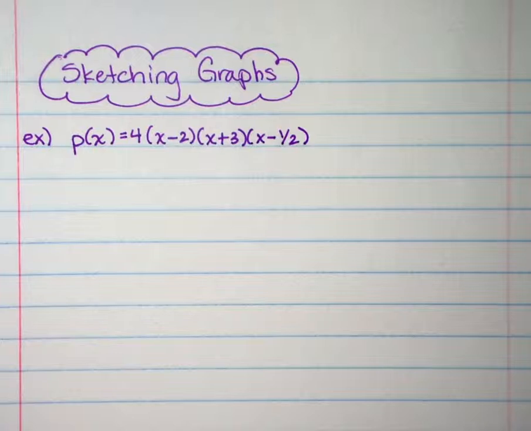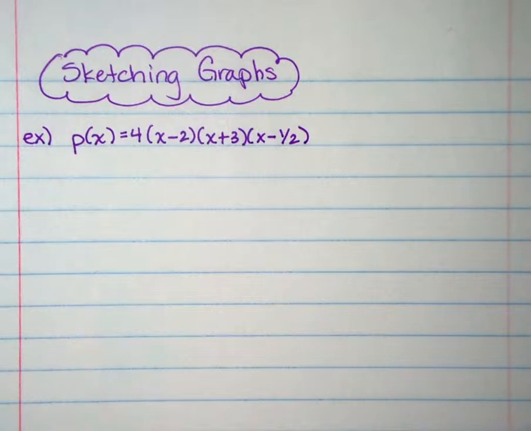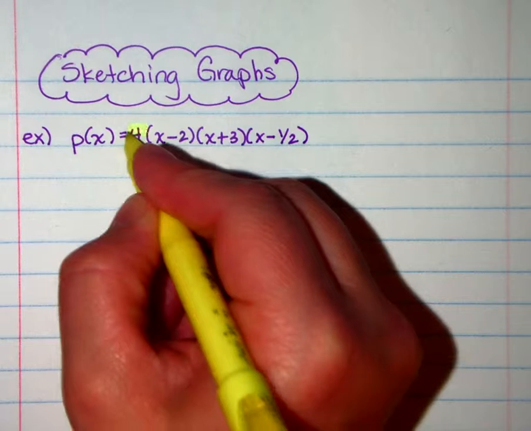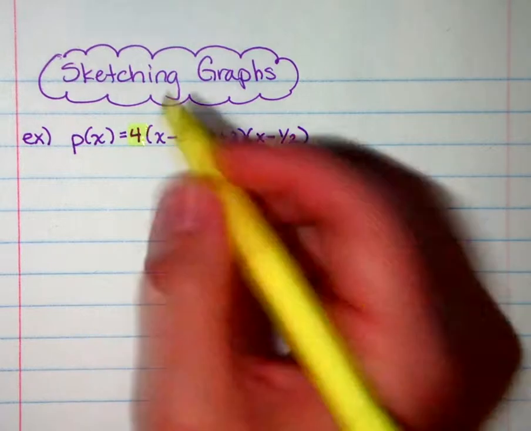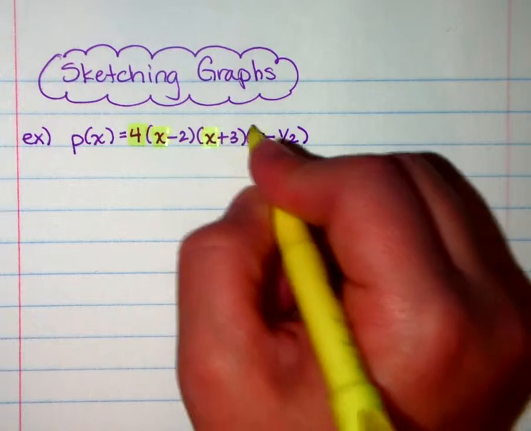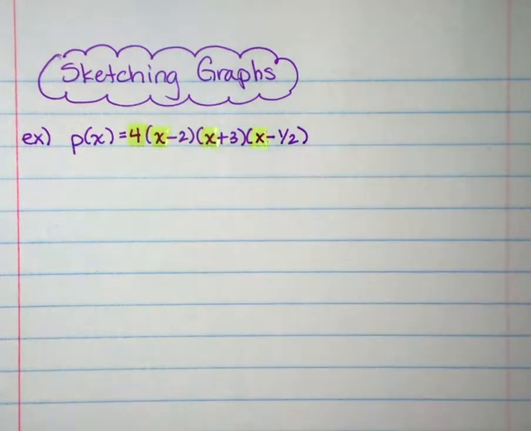Now, some of the characteristics of this polynomial is that this is a third degree polynomial. And again, the way that I know that this is a third degree is by taking the first factor that's out front and multiplying it times the factor of x on each of the polynomials.